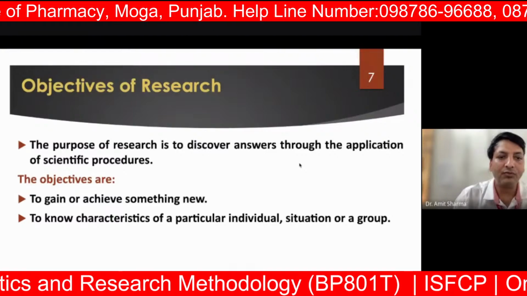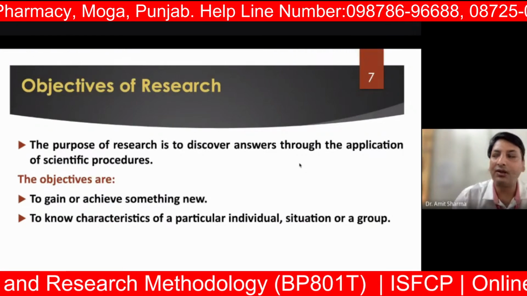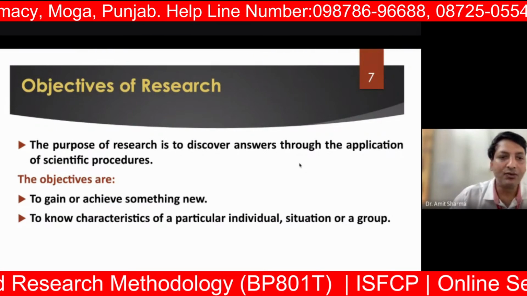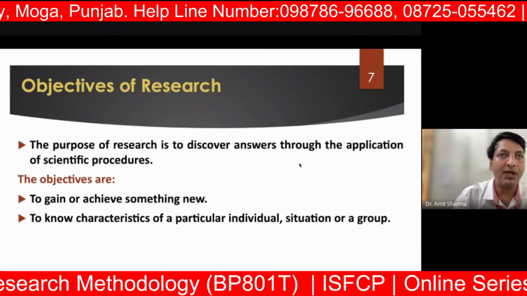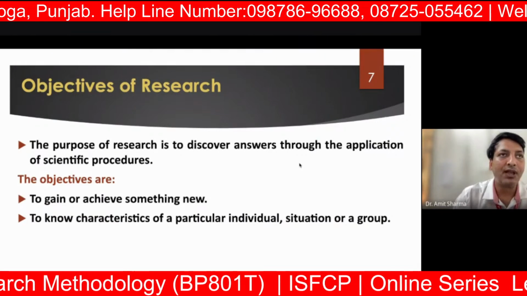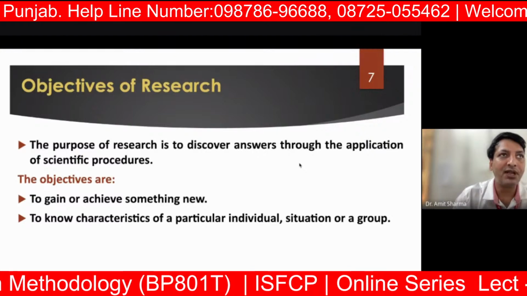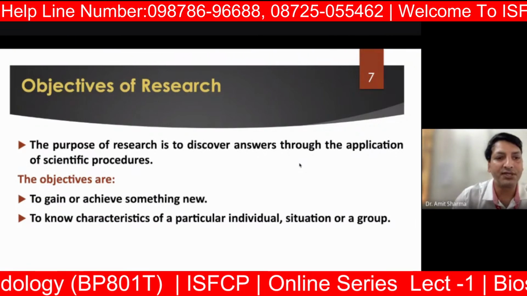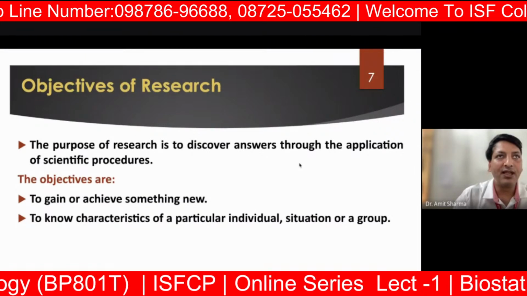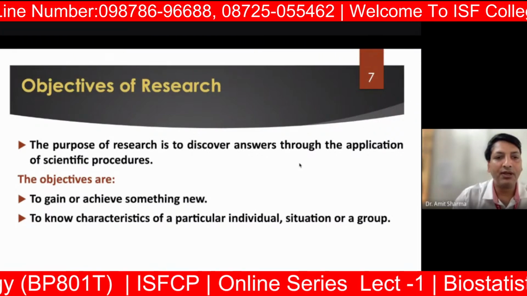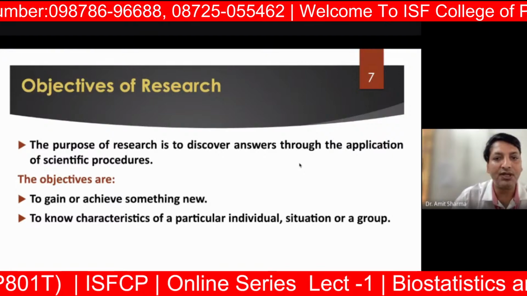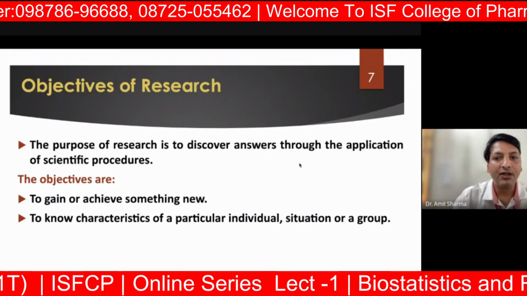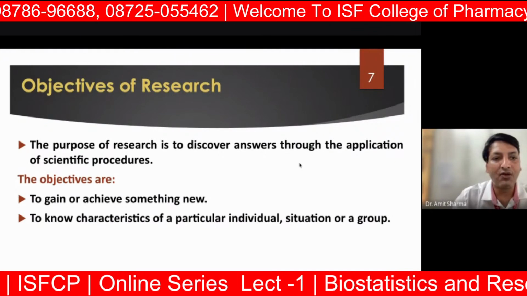Objectives: multiple objectives are there. I have not taken all of them, just two slides for them, on what the main objective is. As I told you, every individual is having a different objective to carry out a different kind of research. In common, the purpose of research is to discover answers through the application of scientific procedure.